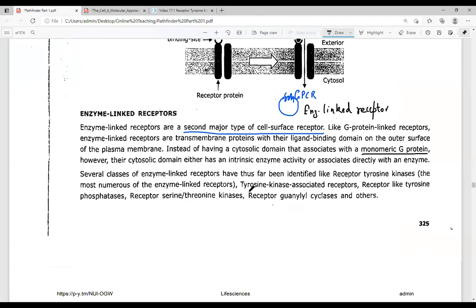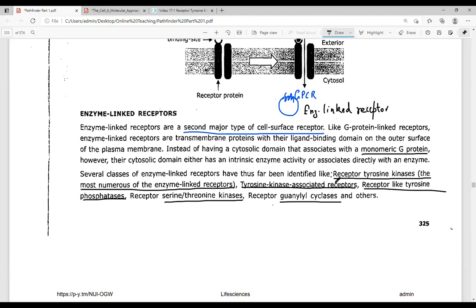They can be classified into receptor tyrosine kinase, the most numerous of the enzyme linked receptors present over the cell. The second is referred to as tyrosine kinase associated receptors. Third is referred to as receptor like tyrosine phosphatase. And last, the receptor serine threonine kinases, receptor guanyl cyclase, and others.